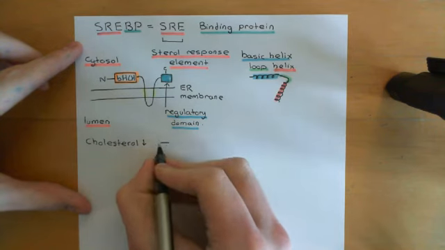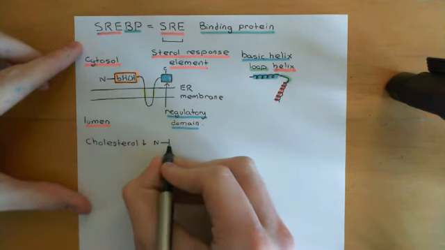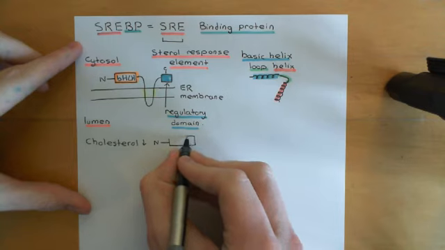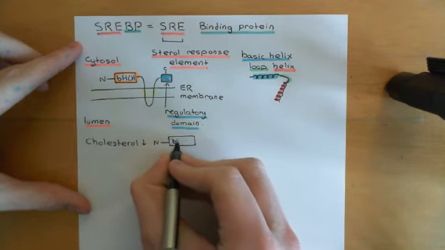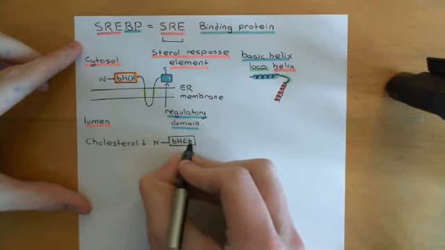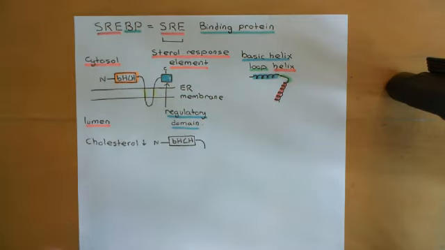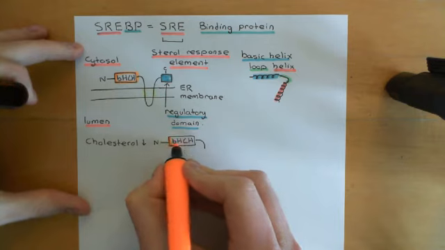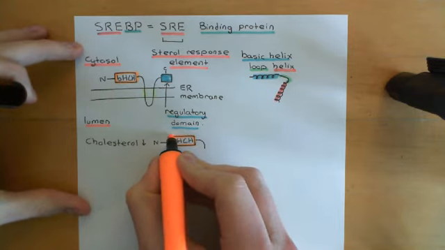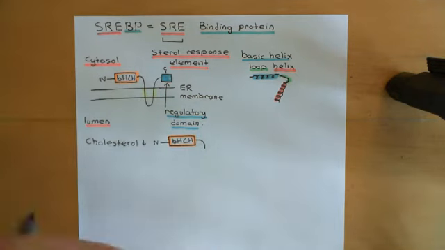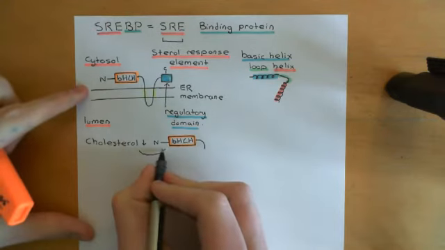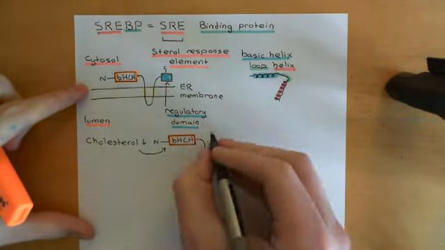And you'll produce this little fragment here. So here's the N-terminus. Here then is our bHLH domain, and then it will have this little portion here as well. So I'll just colour this in orange. So when cholesterol is low, SREBP proteins get cut up. You produce this little fragment of the SREBP protein, which has a special name.